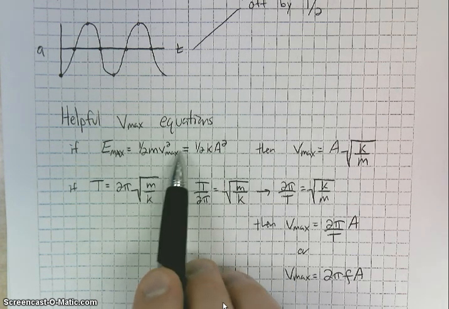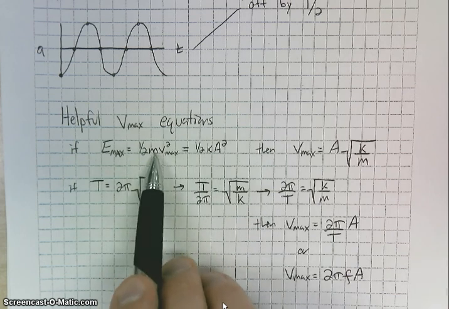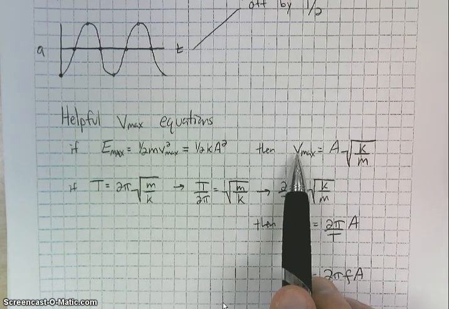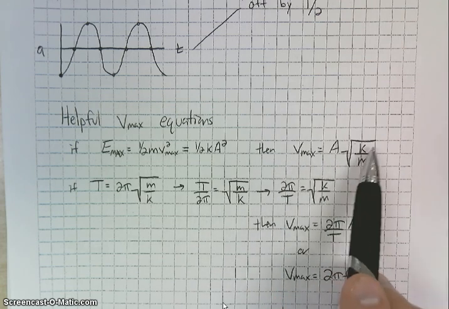So if I set these two things equal to each other, the halves go away, I can bring the m over and then take the square root, and I get an equation for the maximum velocity as the amplitude times the square root of k over m.